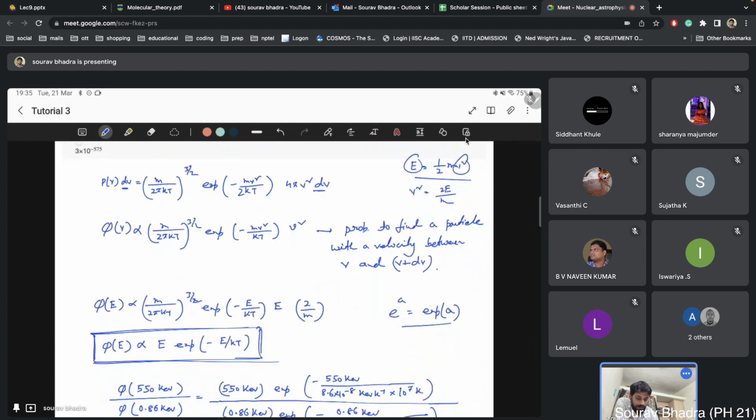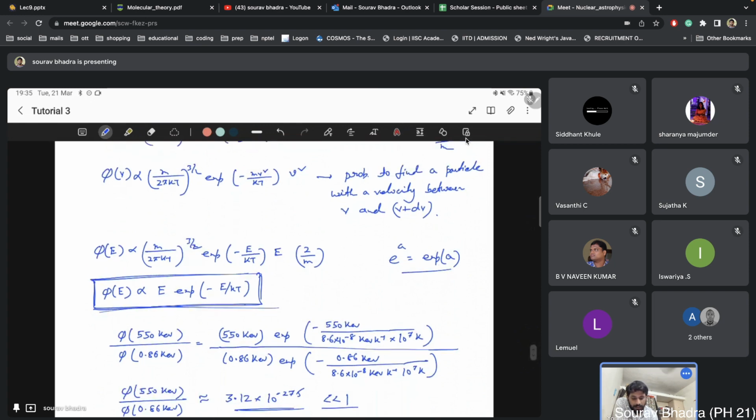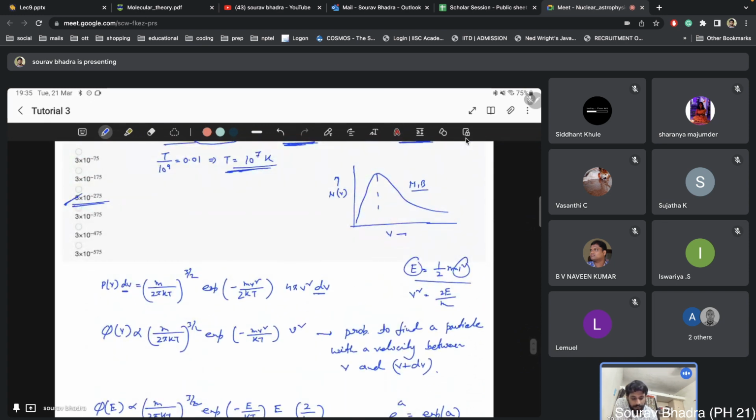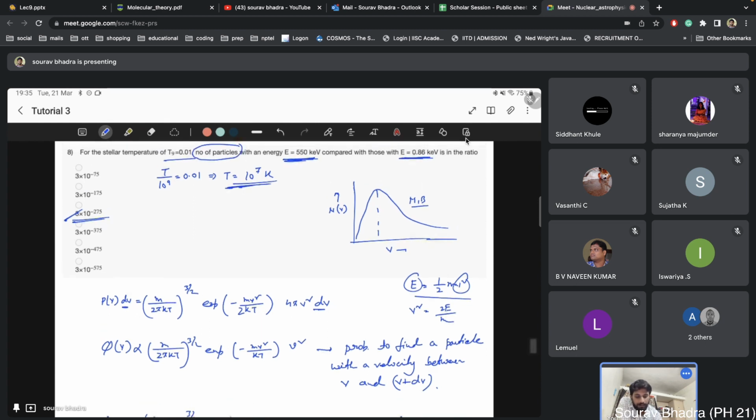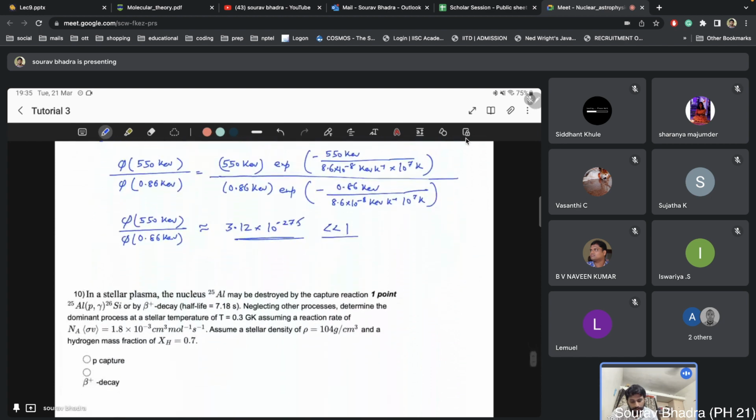Here you have to remember the distribution function, how the Maxwell-Boltzmann distribution looks, because that gives you the number of particles at a particular temperature; this curve is for a particular T. If T is different, then by this expression, since there is a T here also, the probability will be different, but the shape will be the same and the numbers will be different. So this was the question.